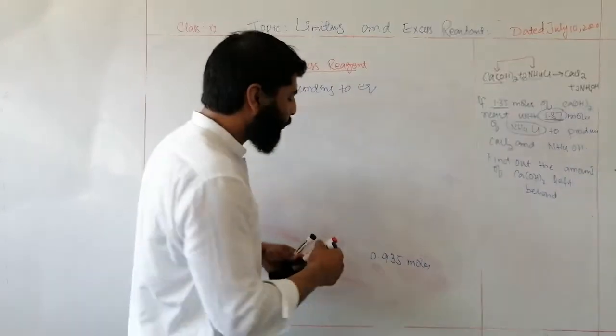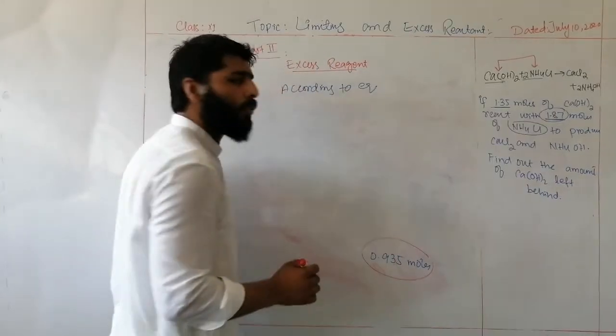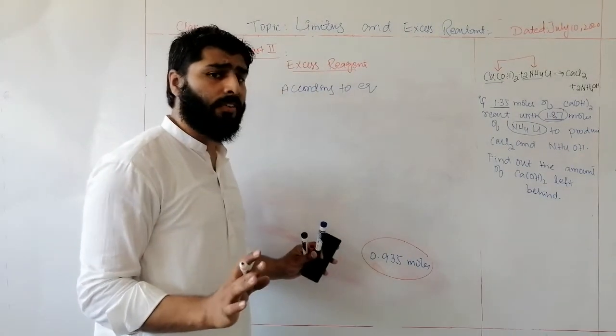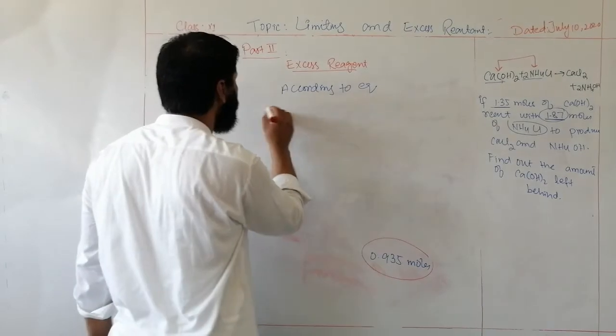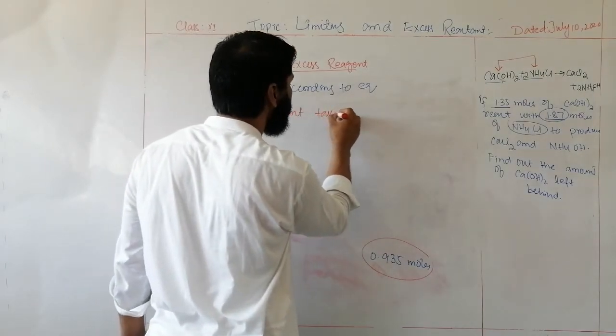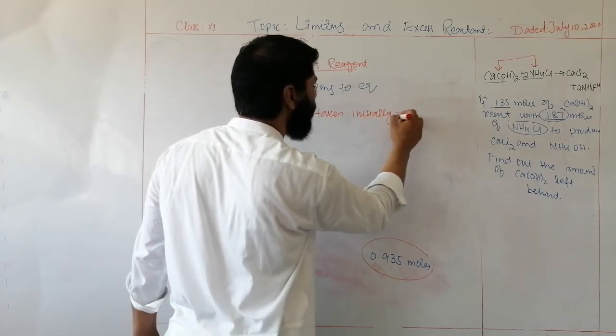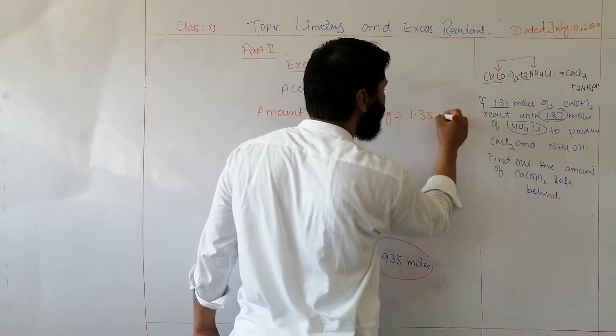Now students, according to the reaction, these are the moles of calcium hydroxide which are consumed in this reaction. So the amount taken initially is 1.35 moles.